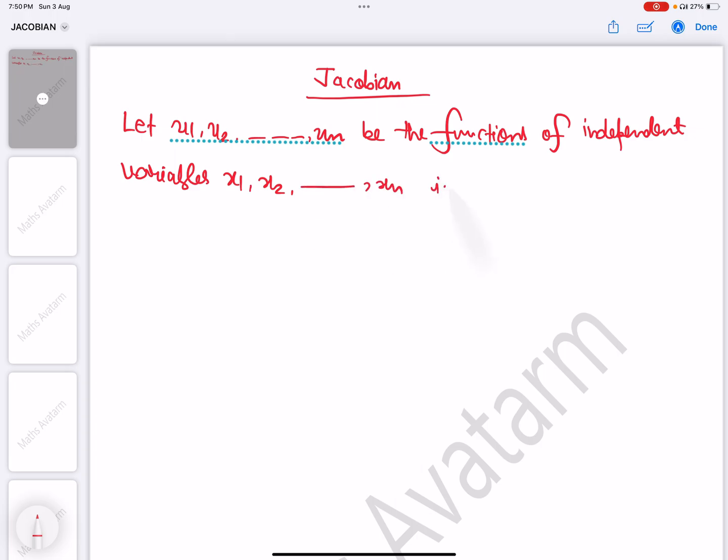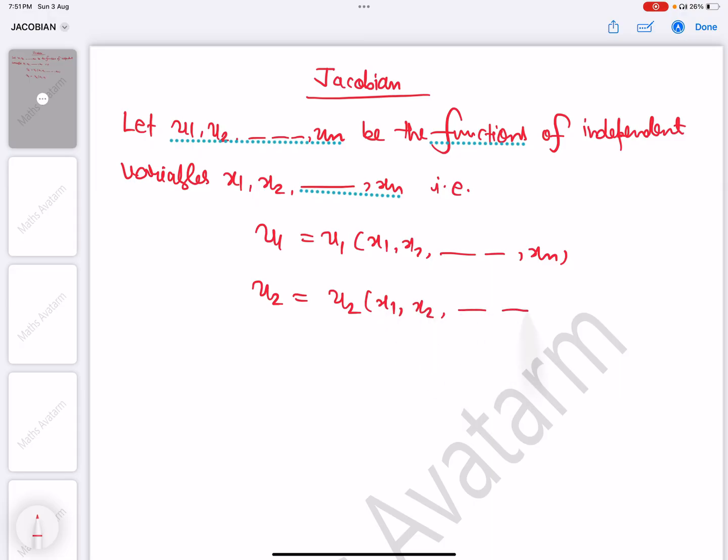It means what? U1 is equal to U1(x1, x2, up to xn), U2 is equal to U2(x1, x2, up to xn), and so on. Un is equal to Un(x1, x2, up to xn).